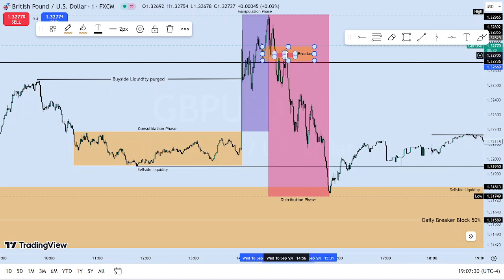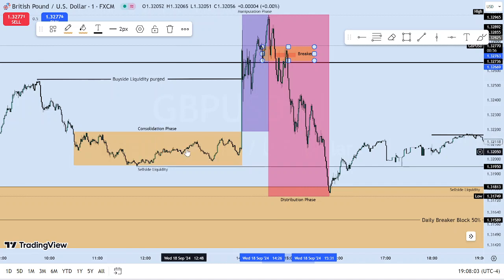You can short here for the distribution phase. Price is doing the opposite direction of what it did during the news time. So it's coming to take the sell side below here.